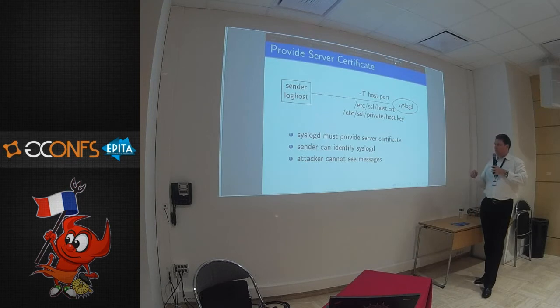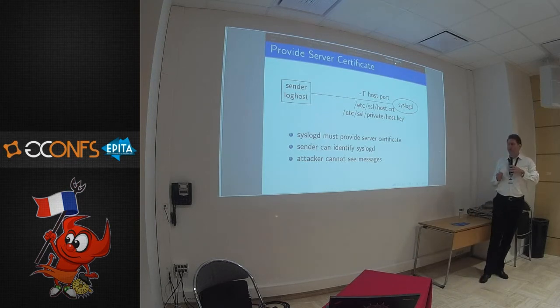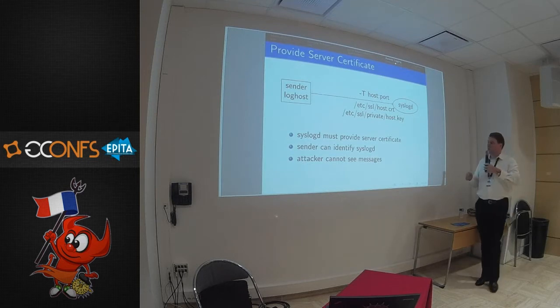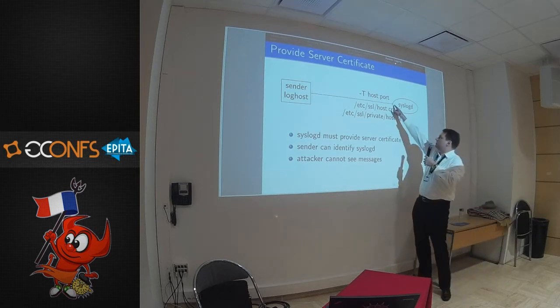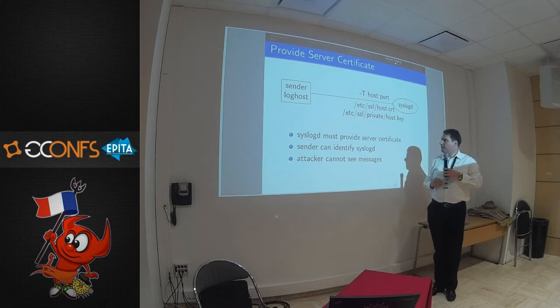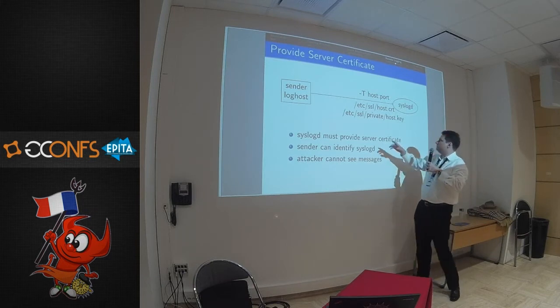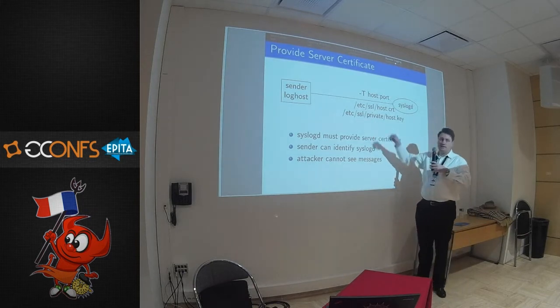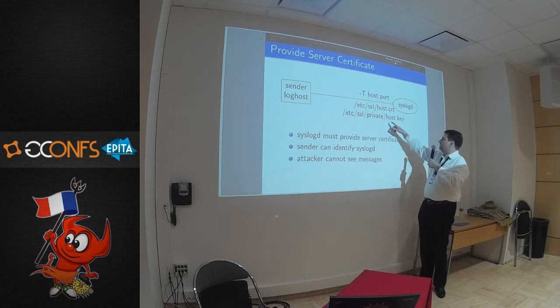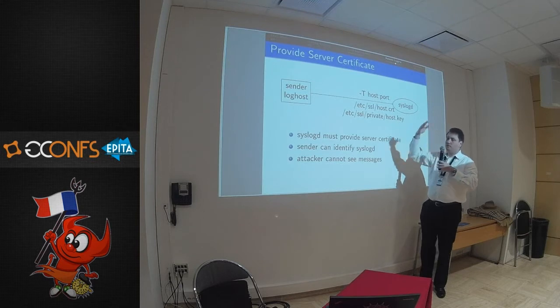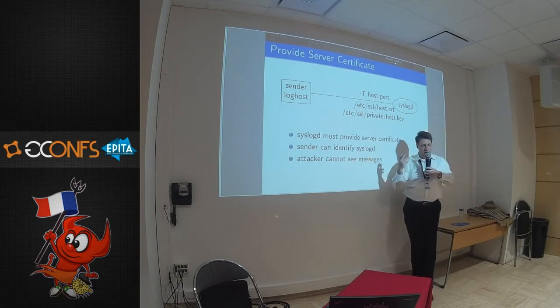What you always have to do if you want to accept encrypted messages is provide a server certificate. So our syslogd uses a server certificate here, and you put it in /etc/ssl together with the host name you have. You can also put an IP address here. The idea is to enable receiving TLS. It's not enabled by default.